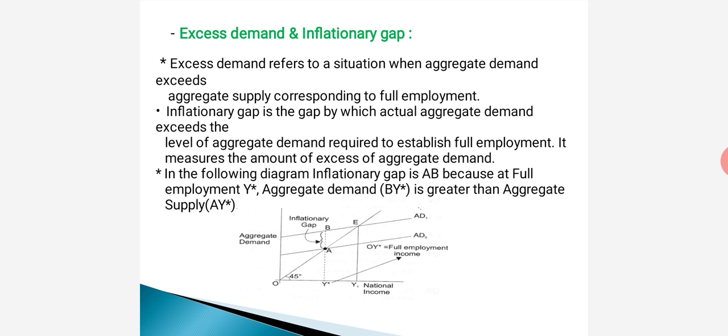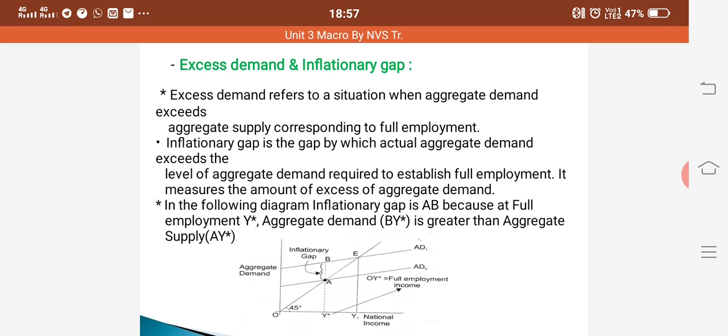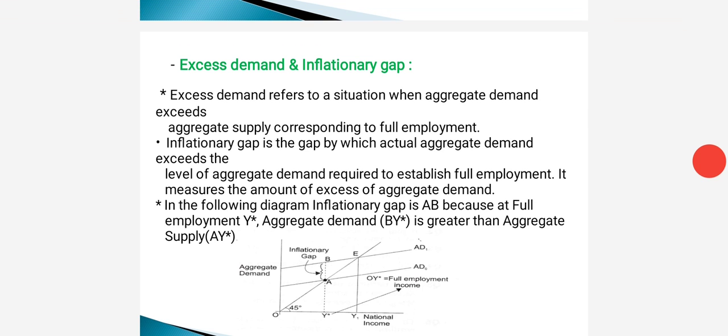Now the most important topics in this unit are excess demand and deficient demand, and we'll talk about the two one by one. First one is excess demand, also known as inflationary gap. So what are these two?